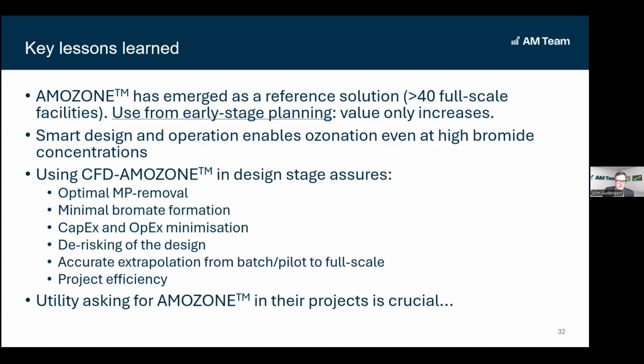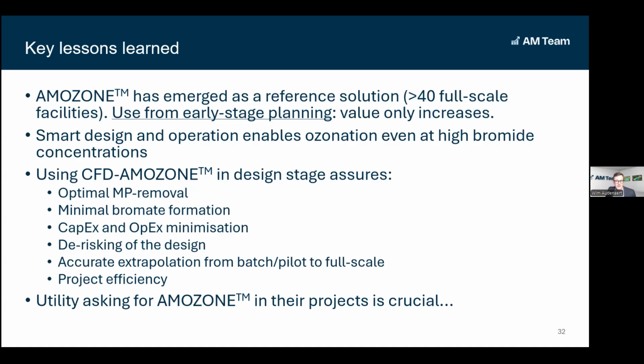All I can say is that the earlier AMOZONE is used, the more value is brought. So all of these stages Peter has presented are very useful, but don't wait for the first data even. Go for very, very early stage use, because the model will only improve and be carried on as the stages progress. So that's really a point I cannot address enough.